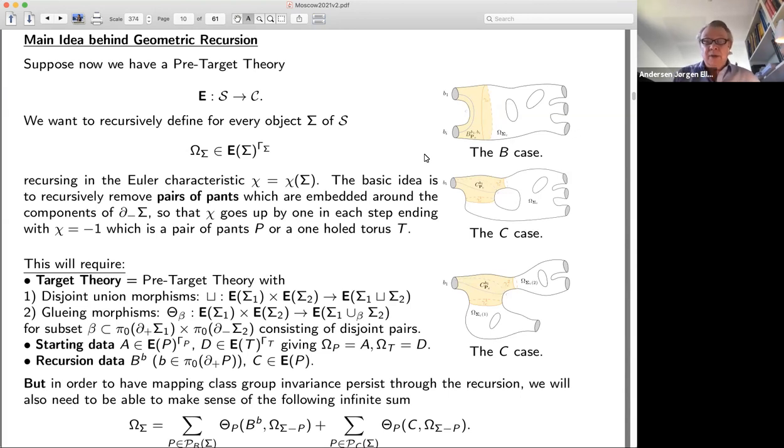There are countably many, but there are certainly not finitely many. It's just countably many. Okay, but that's good. We're going to attempt to perform some sum over this set of pairs of pants, up to isotopy, of course.